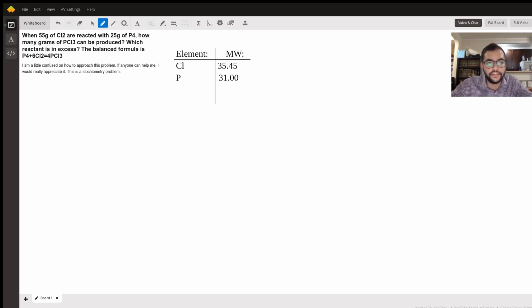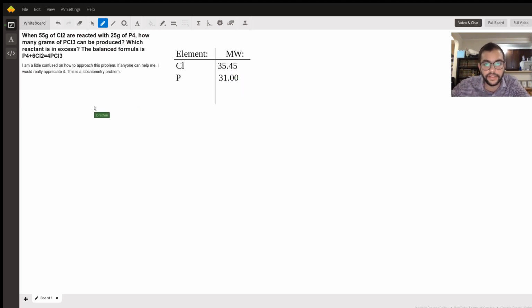In this case, we have chlorine, which weighs 35.45, and phosphorus, which weighs 31. So the first step is to calculate how many moles of Cl2 there are in 55 grams. To do that, we take the weight of chlorine, 35.45, and multiply it by 2.